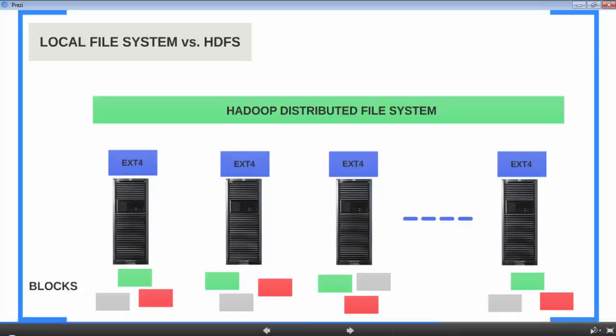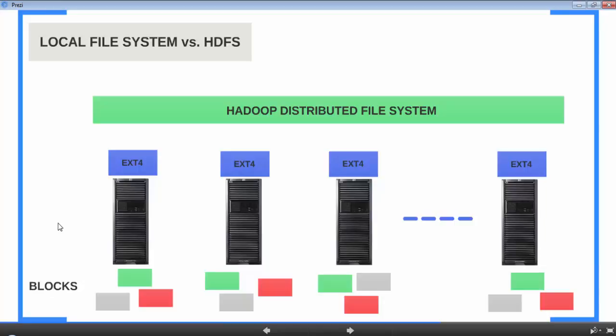Similarly, node 2 has no idea of what is in node 1. Since the ext4 file systems in both node 1 and node 2 are local to each node, there is no way they can have a global or distributed view of the entire 10-node cluster. That is why we call the ext4 on individual nodes the local file system. Make sense?